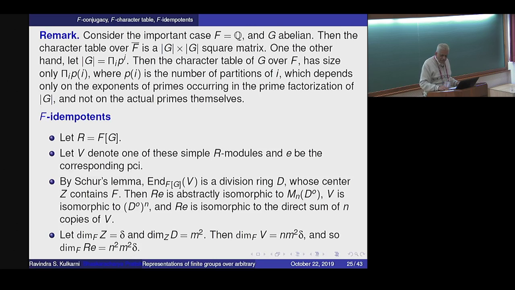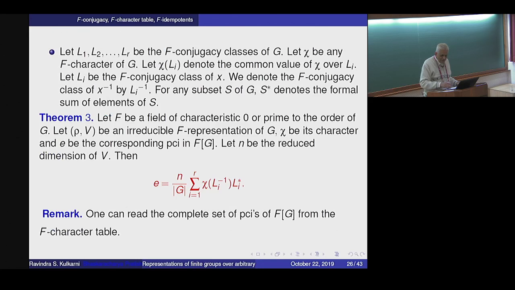Okay, now the F-idempotents. We had defined the F-conjugacy classes, and this is the standard formula for idempotents when F is algebraically closed, and the same formula holds if instead of the usual conjugacy class, you choose the F-conjugacy class.